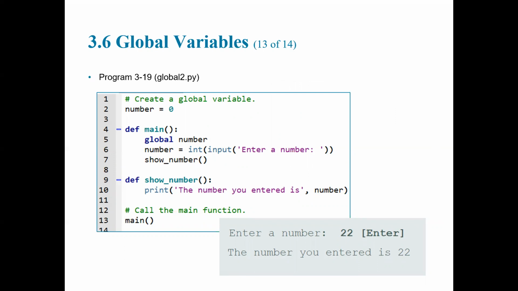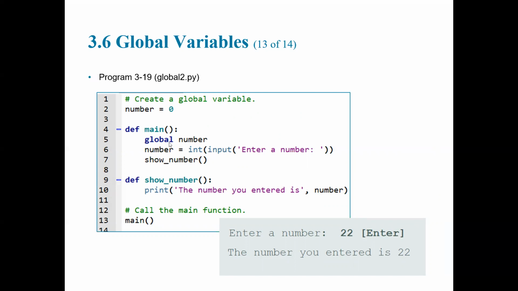On line 2, you'll notice that I assigned 0 to number. That's our global variable. Notice that it is outside of any function. So inside of main, line 5, I use the keyword global, and then I ask for input into number, the assignment goes into number, and then I show the number.